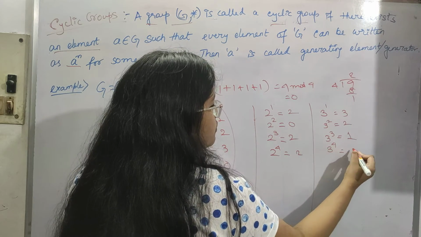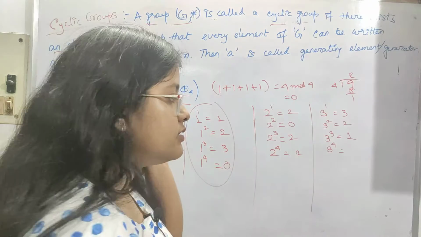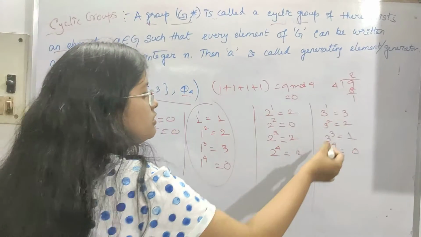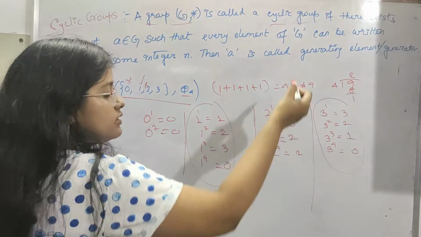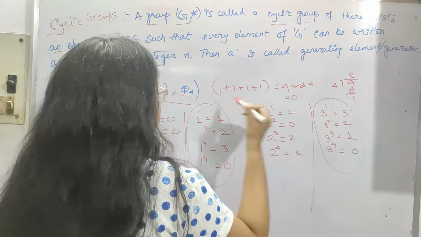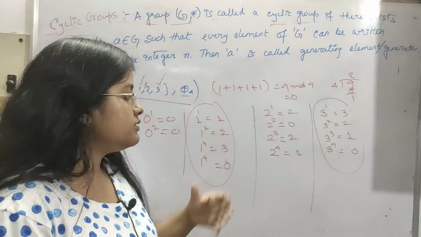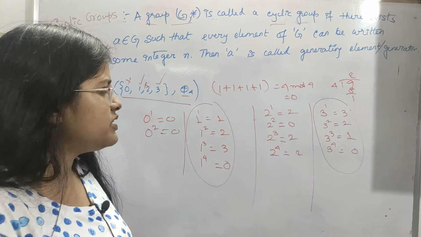Then 3 to the power 4 is 12, 12 modulus 4 is 0, since 12 is a multiple of 4. So 3 is also a generator because it generates 3 2 1 0, everything. I hope you have understood this. This is pretty easy. Questions may be asked from this.